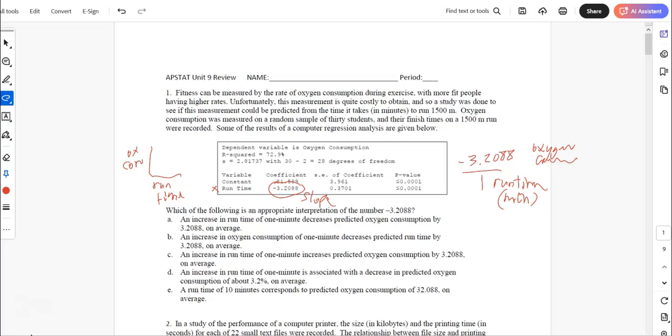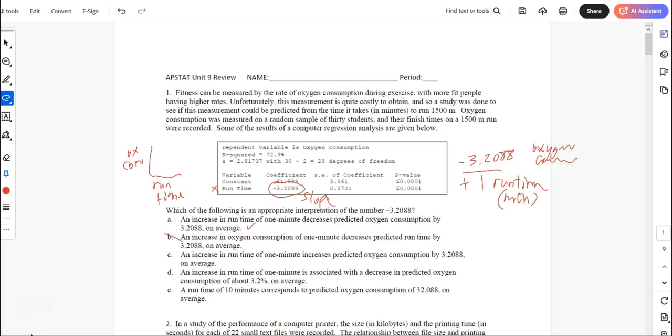Okay, so let's see which one does this. So this one's increasing and this one's decreasing for every 1 minute of runtime. An increase in runtime of 1 minute decreases the predicted oxygen consumption by, well, that sounds pretty good. I just want to make sure. An increase in oxygen consumption of 1 minute decreases.